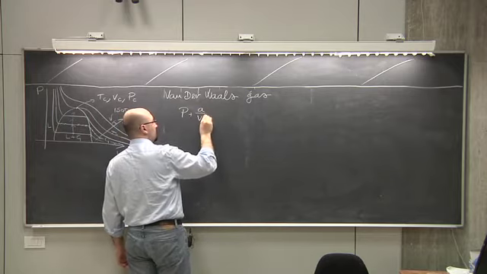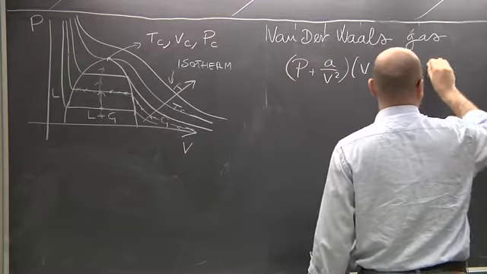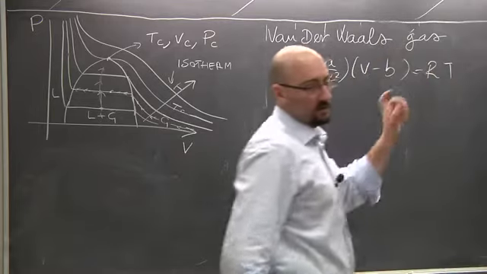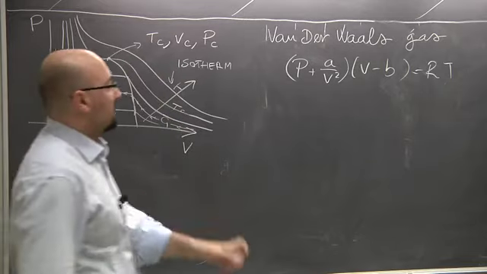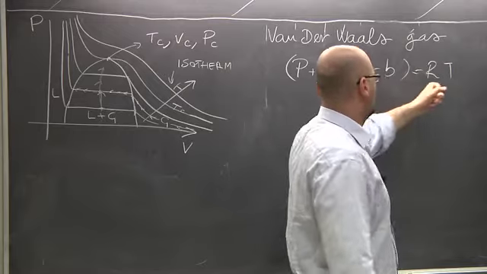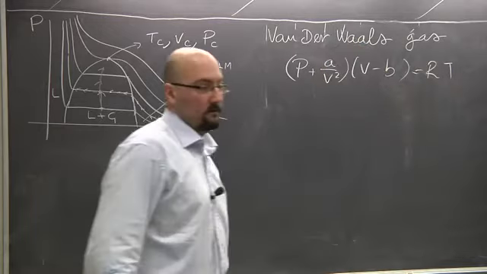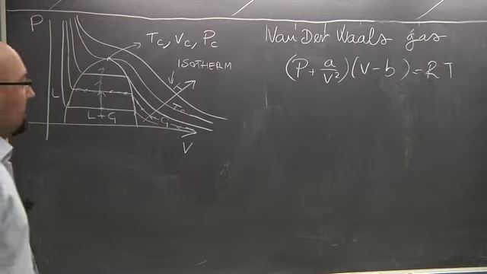So the equation of state for the van der Waals gas, and again, I'm considering just 1 mole of the gas. So this is the volume of a mole, and this is the constant R.